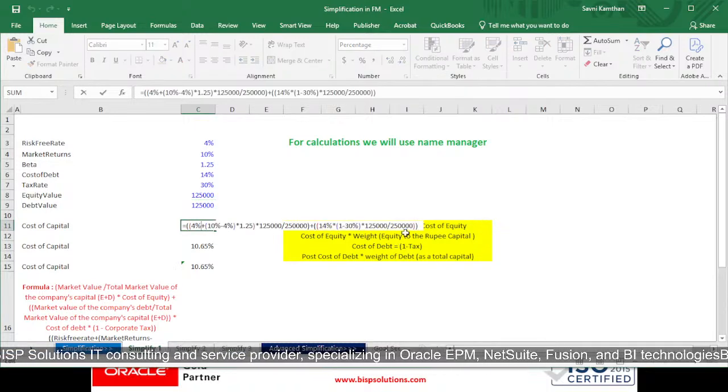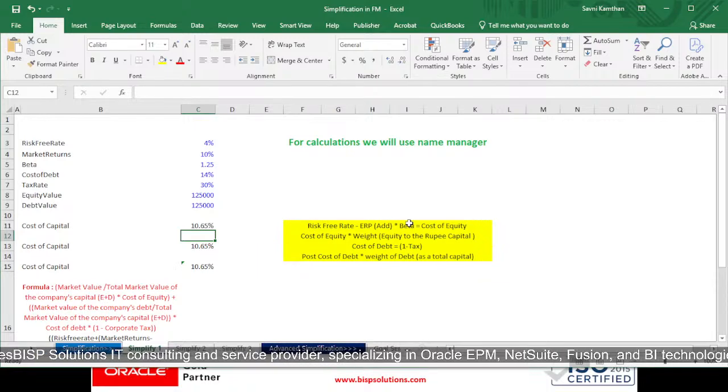One way is to calculate it manually, like 4% plus (10% minus 4%) into 1.25, into 1,25,000 divided by 2,50,000, plus 14% into (1 minus 30%), and so on. Like this we can calculate cost of capital, but it will be very hectic for us.